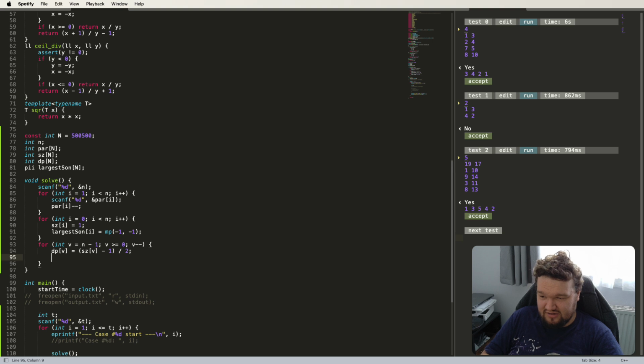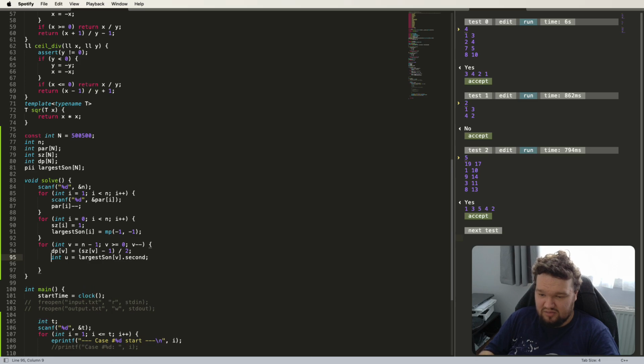So normally I need to look at the largest son, but I have leaves in my tree, so some vertices do not have sons.